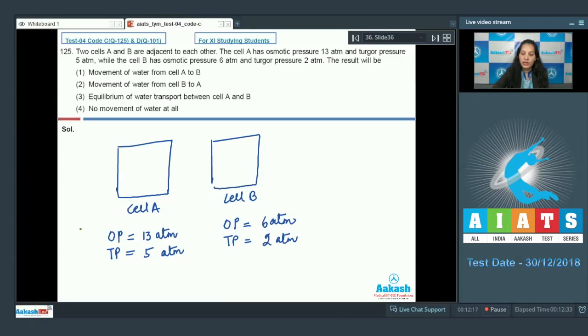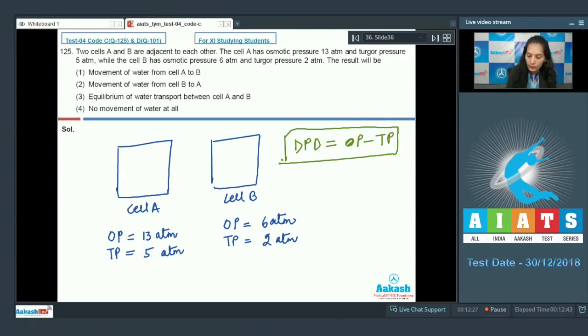There's a formula you can recall that DPD is equal to OP minus TP. By applying this formula, the DPD over here will be 8 atm, 13 minus 5, and DPD over here will be 4 atm, 6 minus 2.